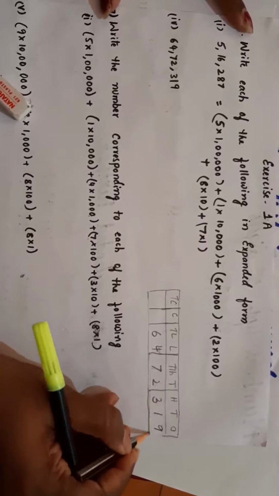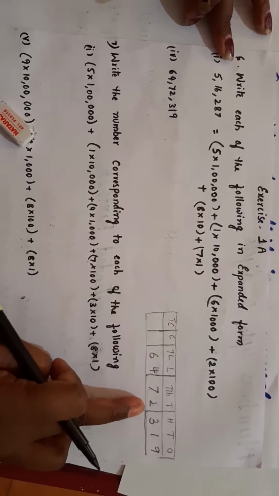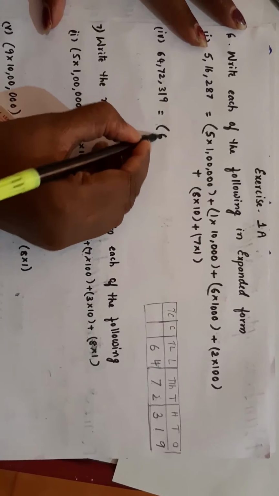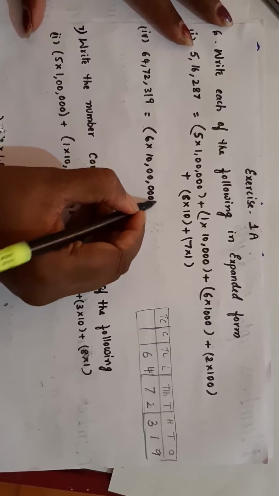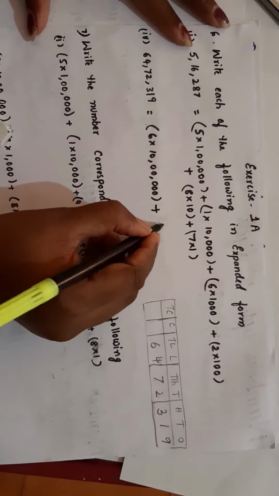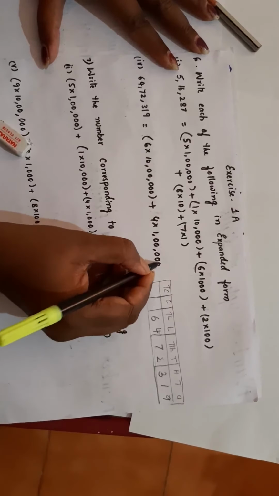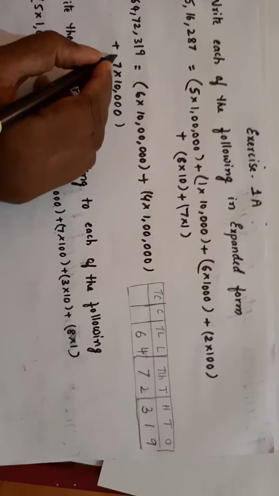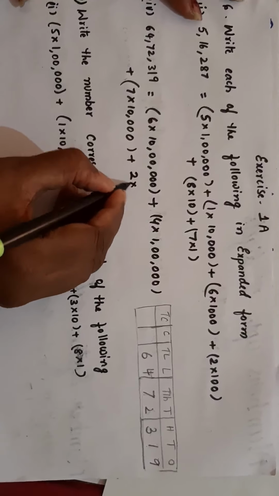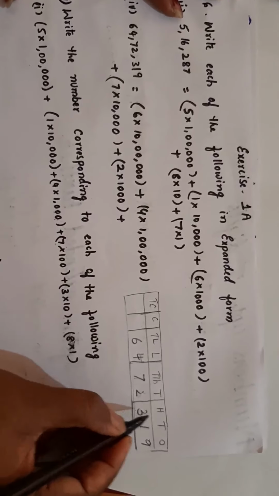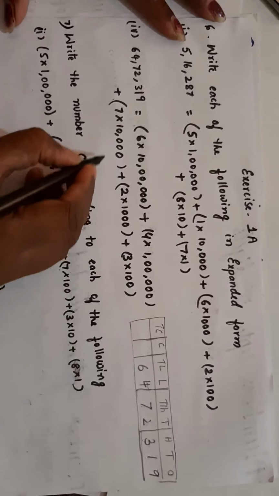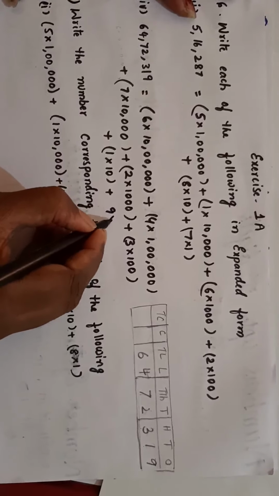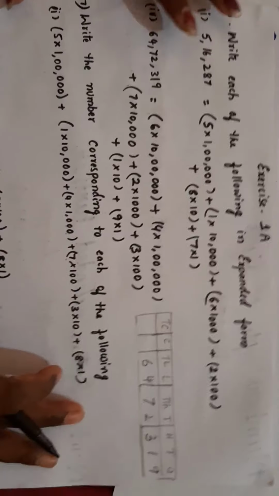So in this numeral, 64,72,319, now we are expanding and writing: 6 in the 10 lakhs place, so 6 into 10 lakhs, plus 4 into 1 lakh, plus 7 into 10,000, plus 2 into 1,000, plus 3 into 100, plus 1 into 10, plus 9 into 1. This is the expanded form.